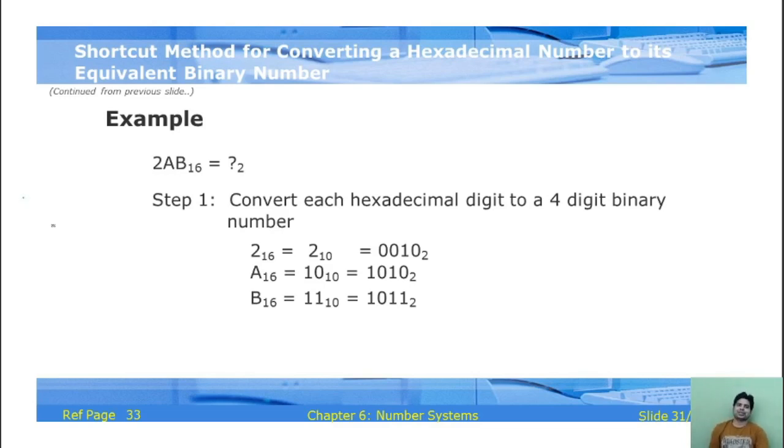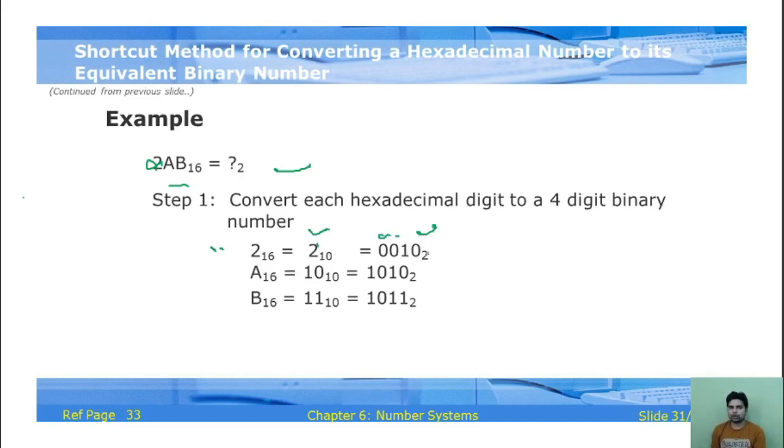Okay. So this is 2AB in base 16, a hexadecimal number, and you have to convert it into a binary number. 2 in base 16 can be written as 0010, no issue, because in hexadecimal we make a single group of 4 digits.